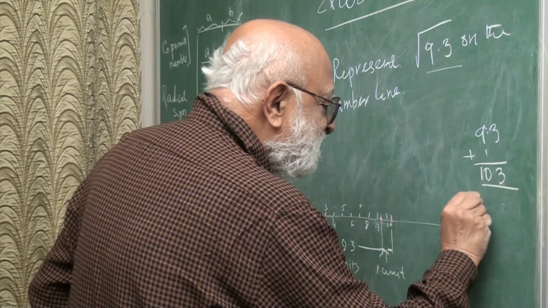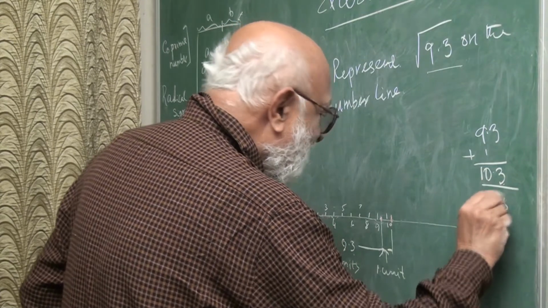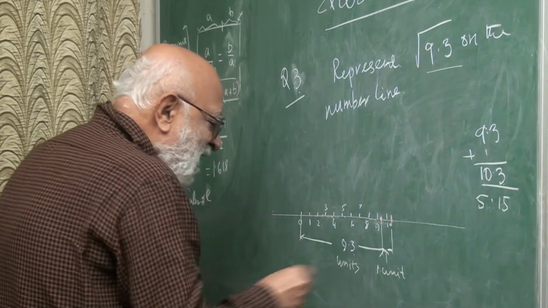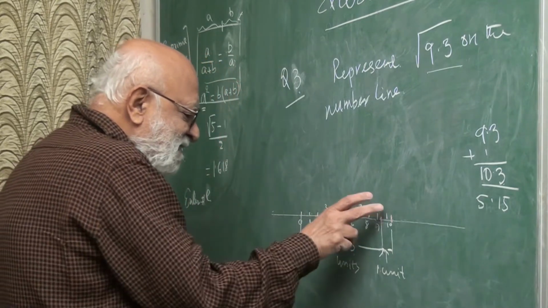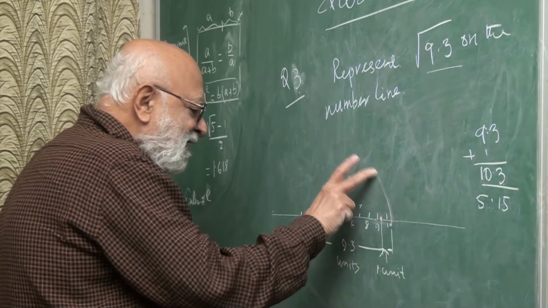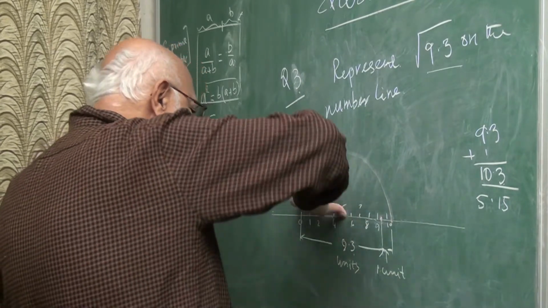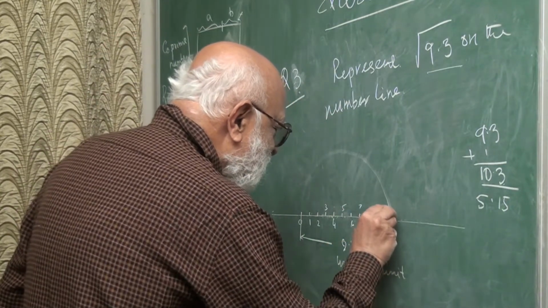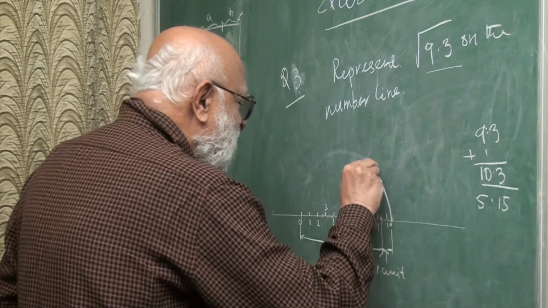Half of 10.3 is 5.15. So 5.15 is somewhere here, and I will make it the center, and I will try to draw a semi-circle. So let us say I did a good job. I am very, very happy with myself.